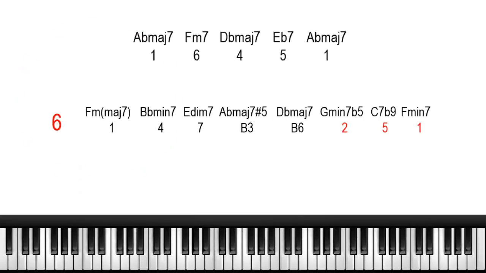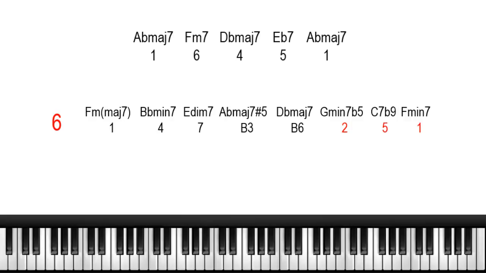Now let's move on to the concept of borrowed chords coming from other progressions. In this case, we're looking at 2-5-1s that can be borrowed from relative scales. The two common scales that these come from would be the 6th or the 4th. The 6th in this case is F minor.